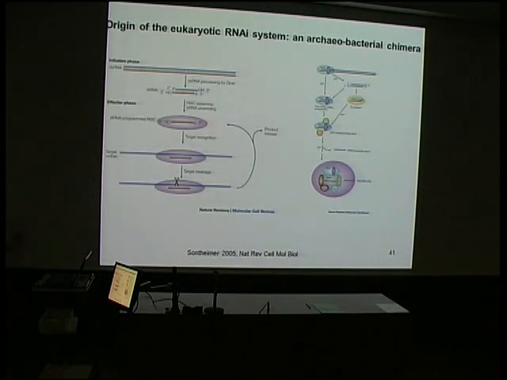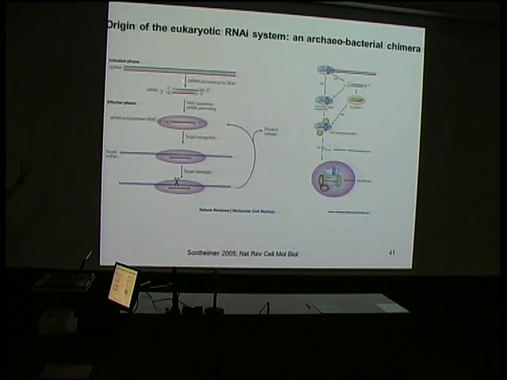Before I come to some conclusions on the origin of the eukaryote, I want to show you the available information and conclusions on the origin of the eukaryotic RNA interference system, because it brings another important aspect. I just show you this slide from a rather old review by Eric Sontheimer to remind you of what the RNA interference system is.